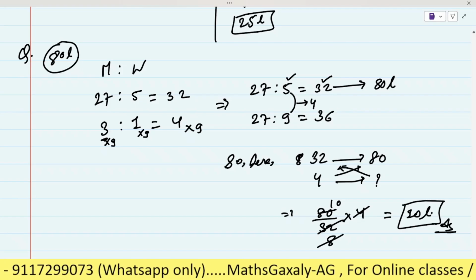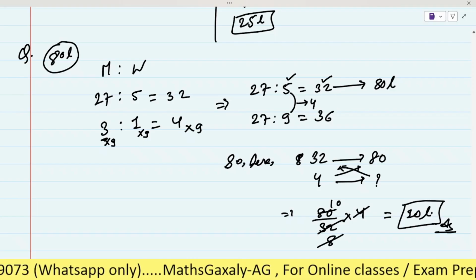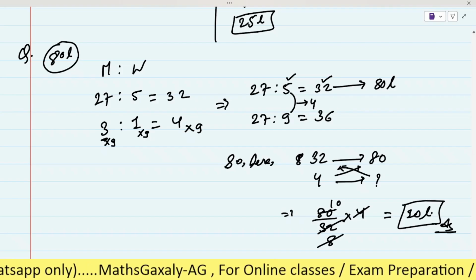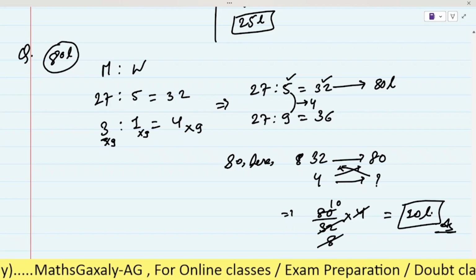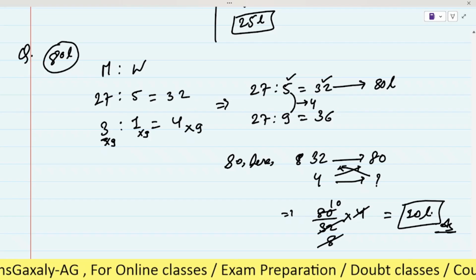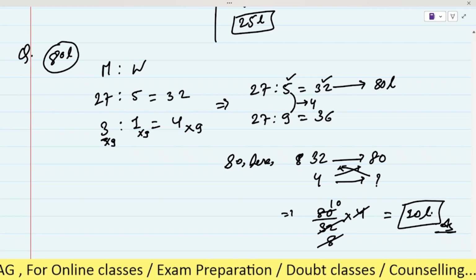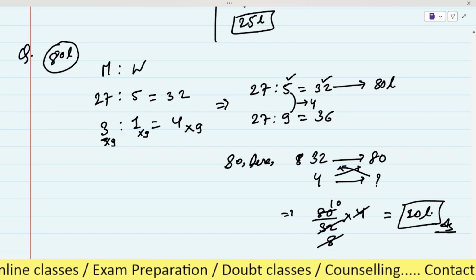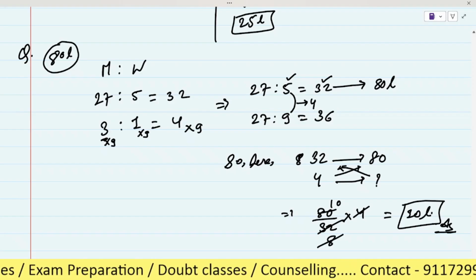How many grams of copper must be added to make the ratio 3 is to 5?